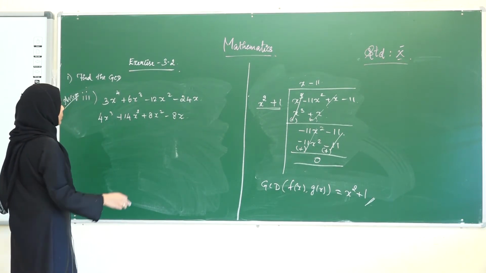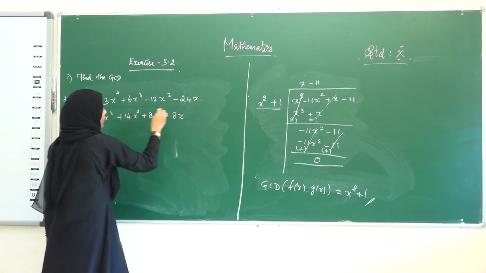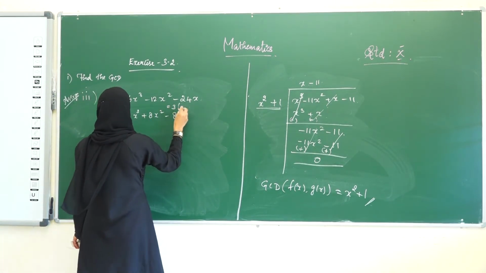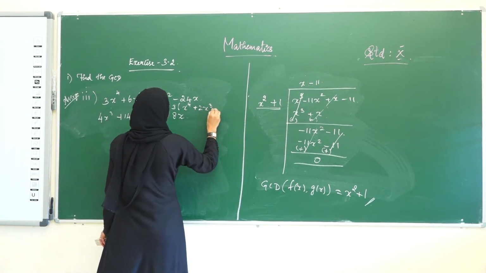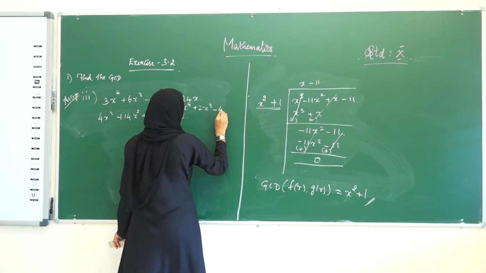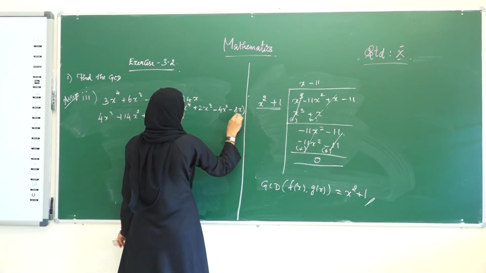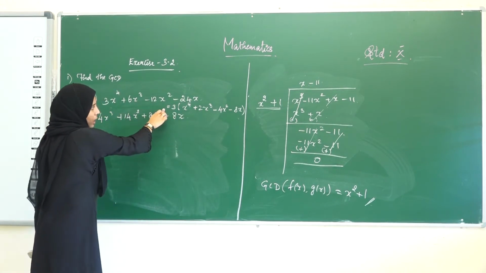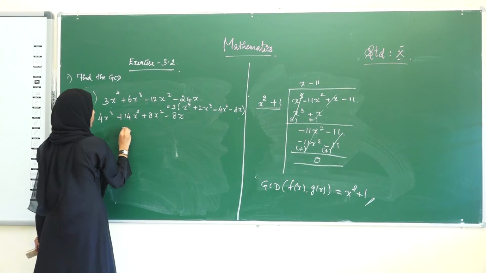Okay. See, from this term there is a common coefficient, right? 3. From this we can take 3 outside. Therefore, x power 4 plus 2x cube minus 4x square and then minus 8x. This polynomial becomes like this. And from this we can take 2 outside, right?